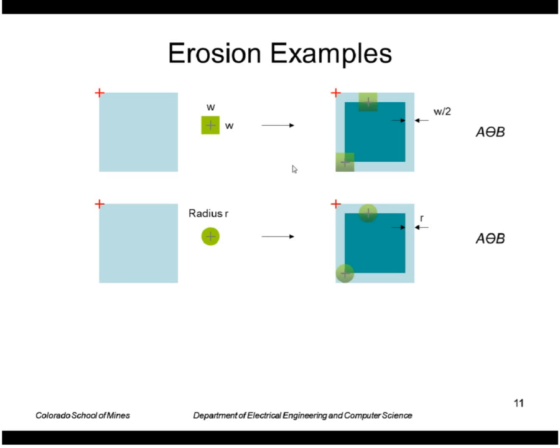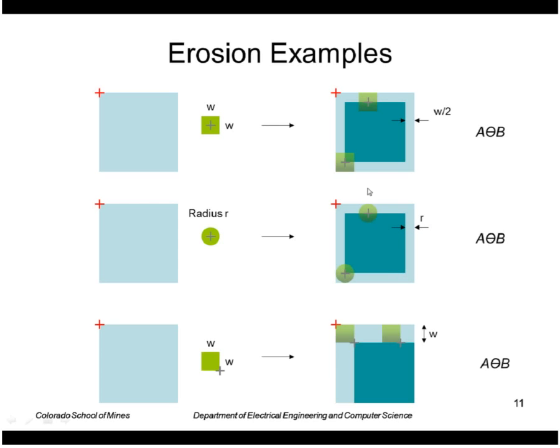I can also use a disk structuring element of radius r, which turns out gives the same result for the erosion of A by B. Namely, it's smaller by, in this case, the radius r.